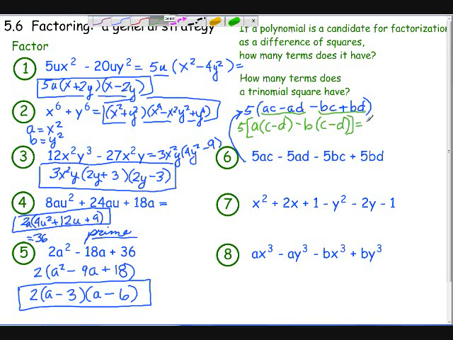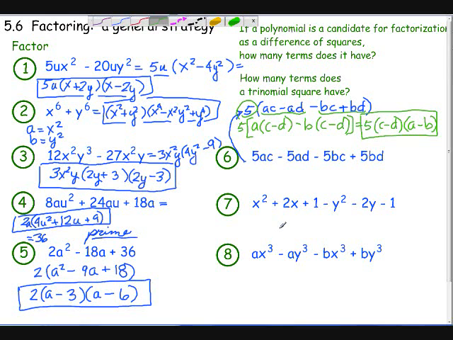And when I work with this one, now I have 2 common binomials, one in this first term, next one in the second. So I get c minus d times a minus b. Really helps to factor out the common monomial, doesn't it?